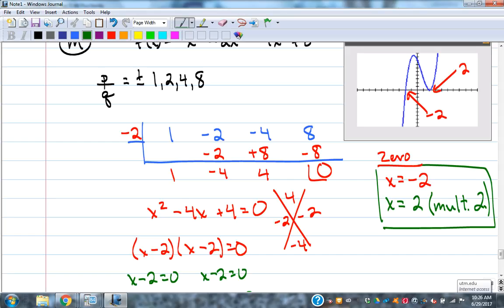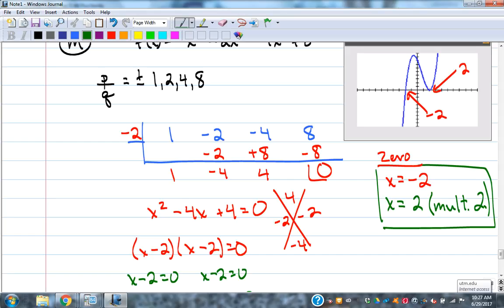So that's the beauty of that. Bouncing off the x-axis means it's got an even multiplicity, and those are the ones that are easier to recognize. The odd multiplicities are hard to see, like a multiplicity of 3, because it looks so much like one that's just got a regular 0, because it goes through the x-axis.